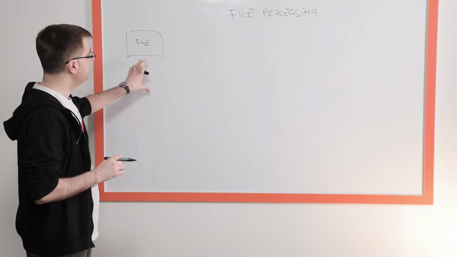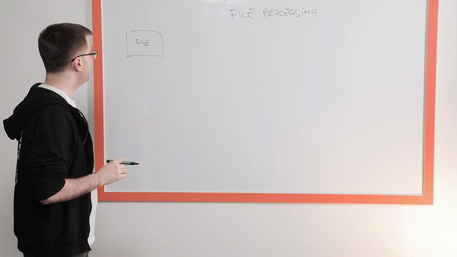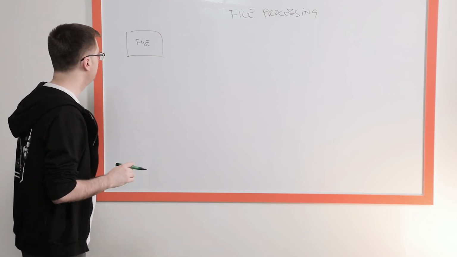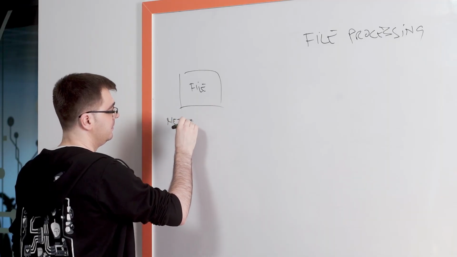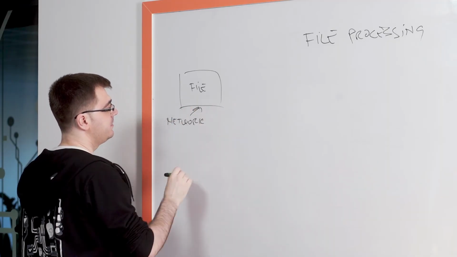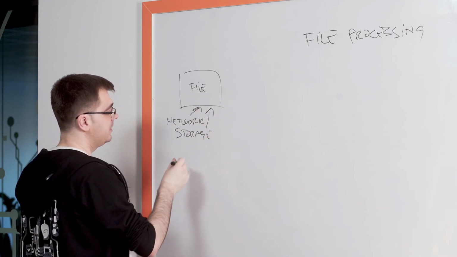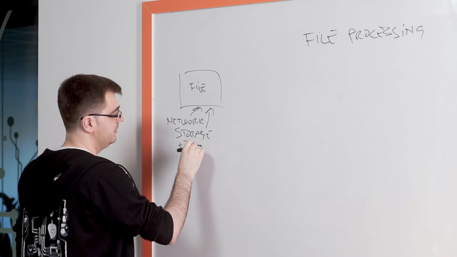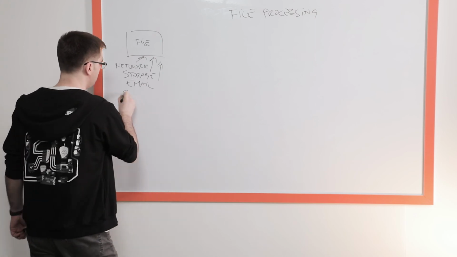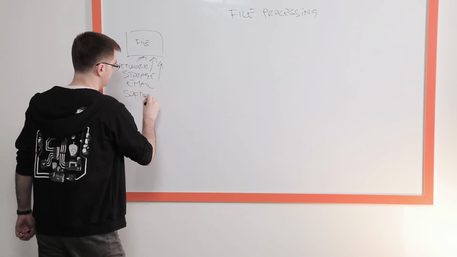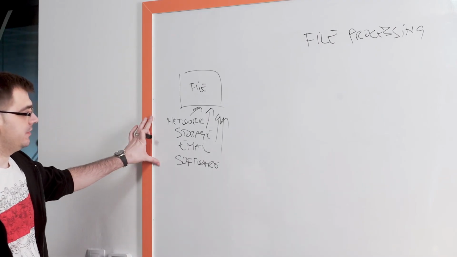The idea behind that is to understand where these files come from in the first place. There are many different ingestion points we have, and those can be the network. You can have files on the network, files on the storage, files in email. And more recently, you can even talk about software as a data acquisition point where these files come from.